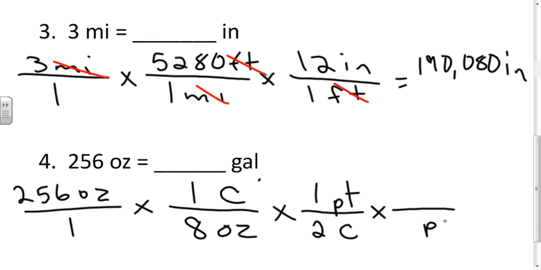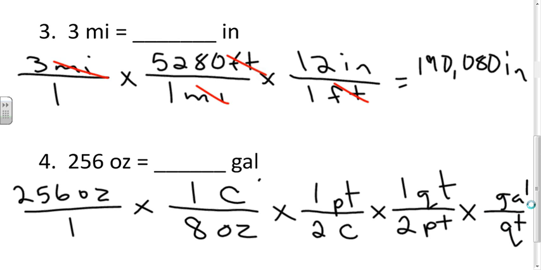I need pints in my denominator here, and I need quarts up here. So I know 2 pints is 1 quart. And finally, quarts in the denominator here, gallons up top. 4 quarts is 1 gallon. You can see all the units that cancel out here: ounces, cups, pints, quarts.